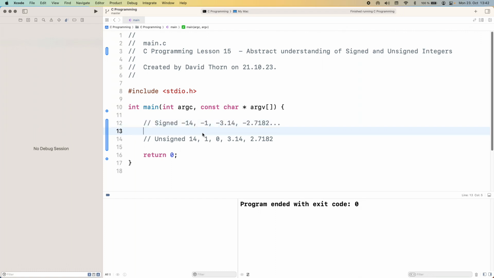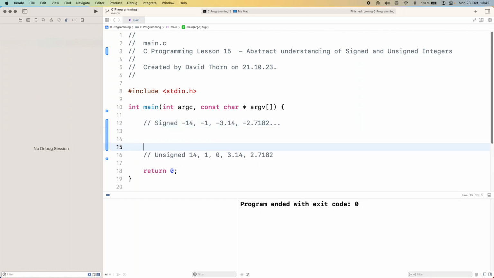And so essentially what we have here is we have signed, and then 0, and then we have non-zero numbers. So this is anything that's not 0, this is 0, and then this is anything that is a signed number. Signed essentially means it's a negative number, right? It has a minus sign before it.